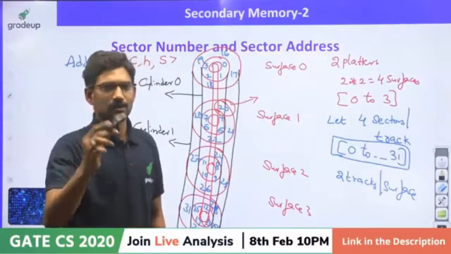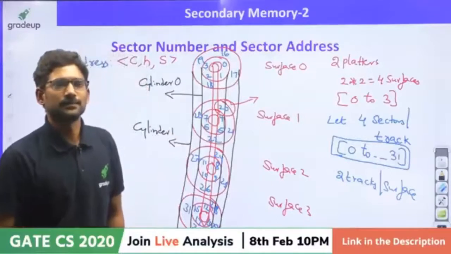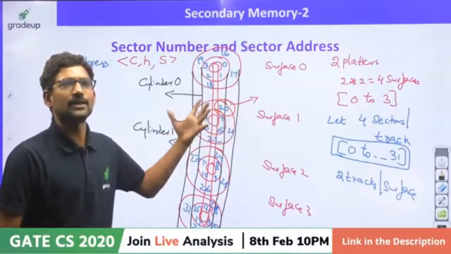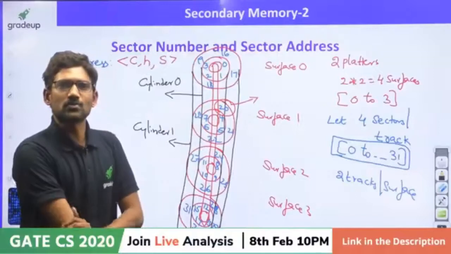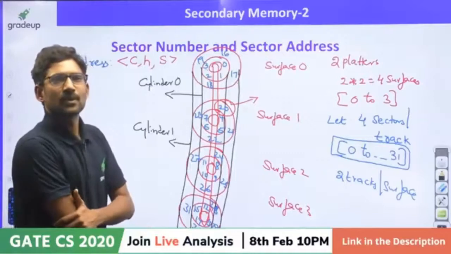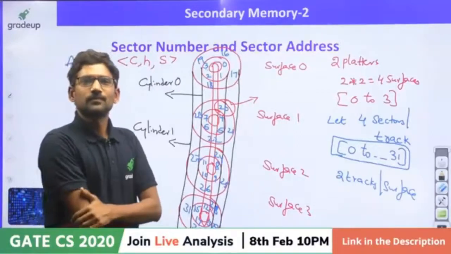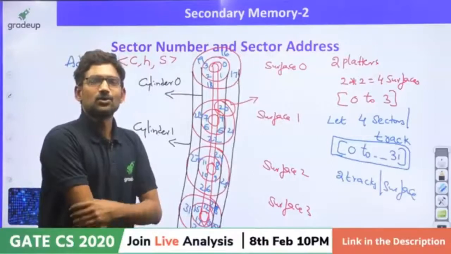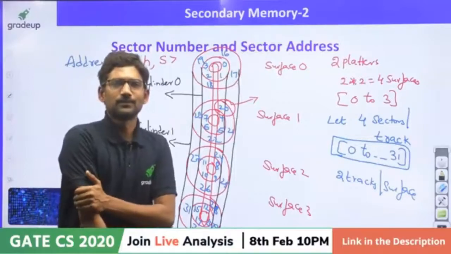I am waiting for your answer. Students, please give me the sector address, CHS for sector number 20. 012, Lotus was telling 012. Okay. 100. Oh, Lotus changed the answer to 112. And Hindu was telling 110.